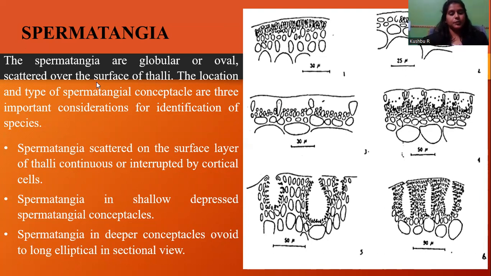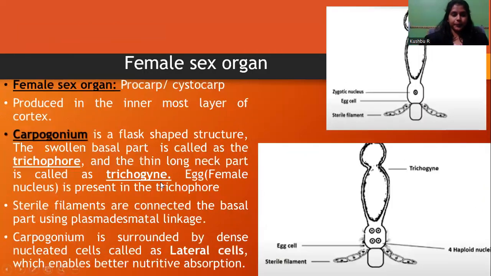Or if not, spermatangia can also be present in deeper conceptacles, of long elliptical view in their structure. So that is also possible. These are the three main areas where your spermatangia will be produced in the thalli. Spermatangia are seen to be globular or ovoid in shape, scattered all throughout the surface of the thalli.